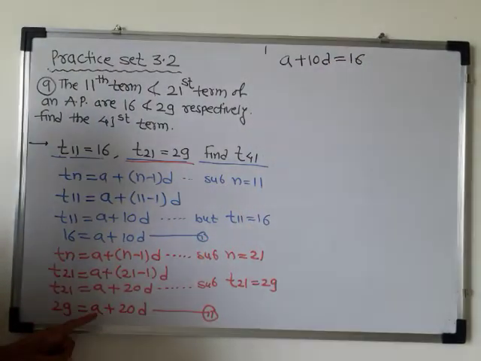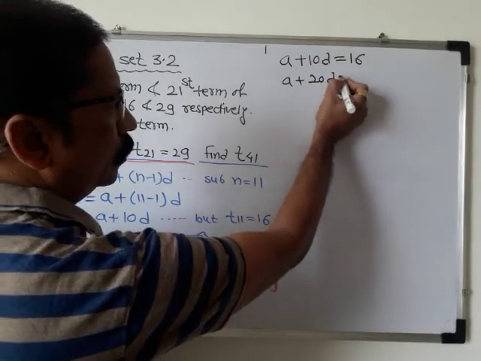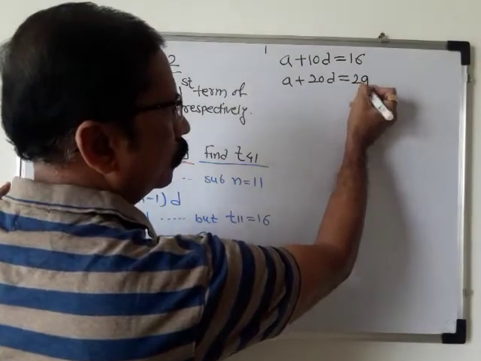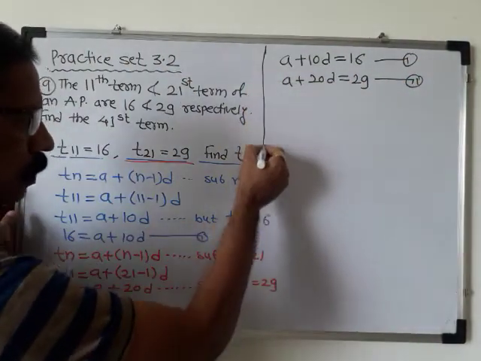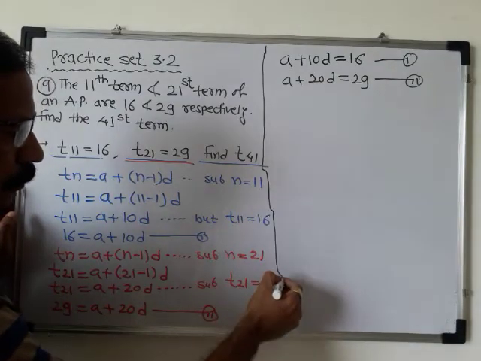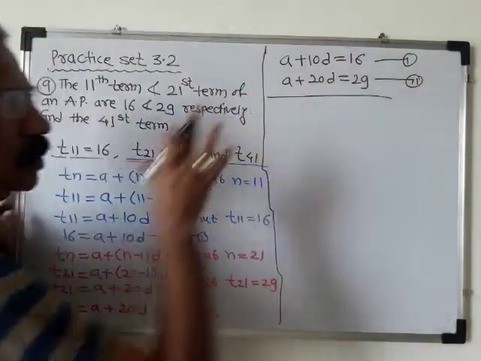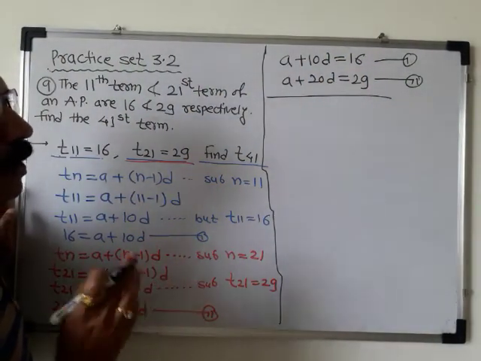Second equation, a plus 20d is equal to 29. This is equation number 1, this is equation number 2. Solve these simultaneous equations by the elimination method.